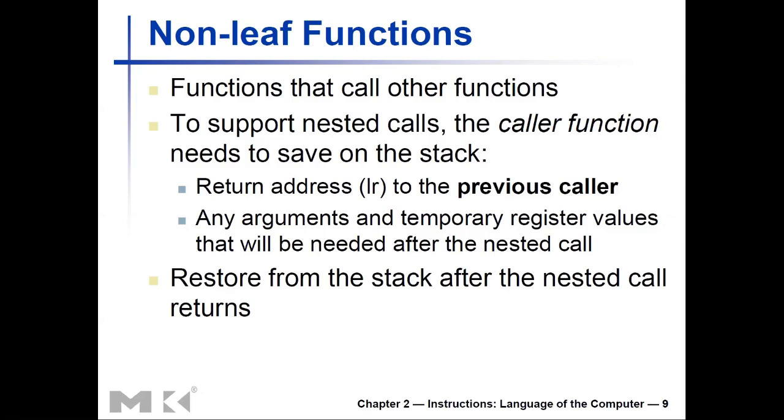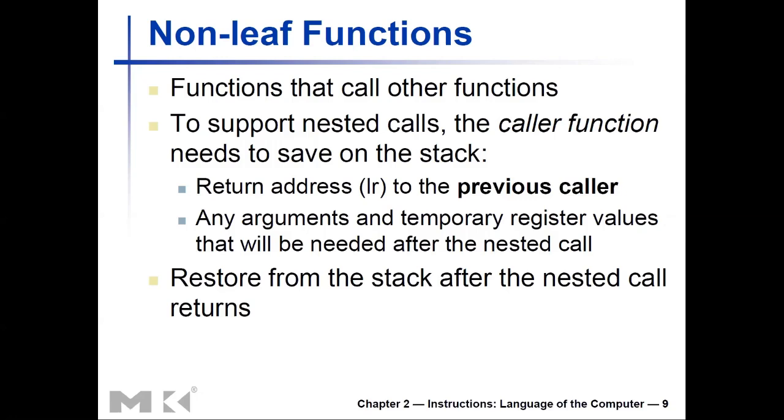We looked at how you can store values, like preserving R4 to R11 in the stack. And now, in addition to that, you have to preserve LR as well in the stack by the caller function. And also any arguments and temporary register values that will be needed after the nested call.